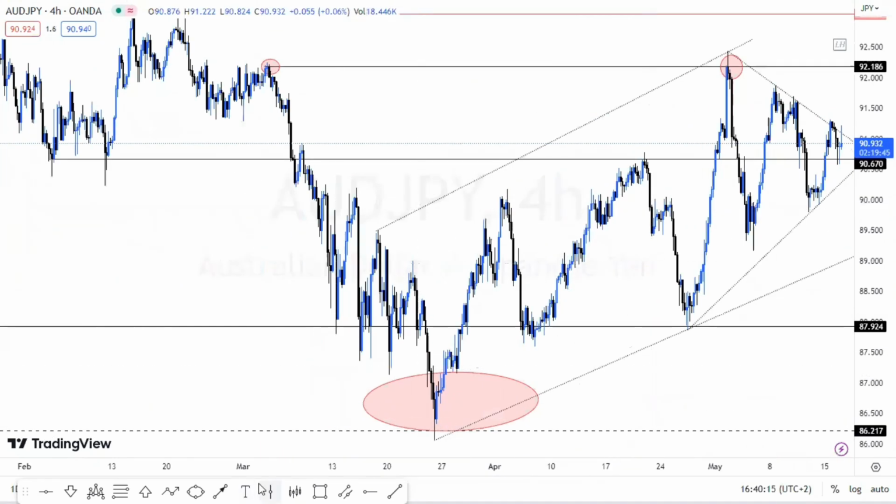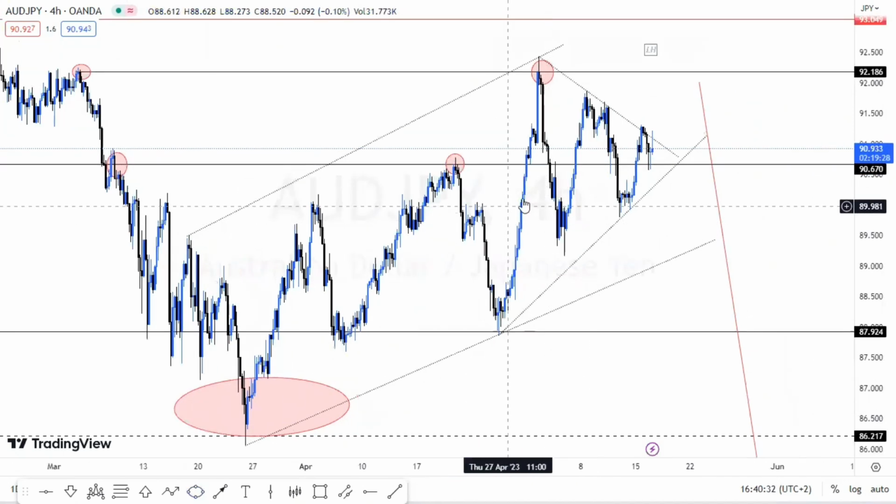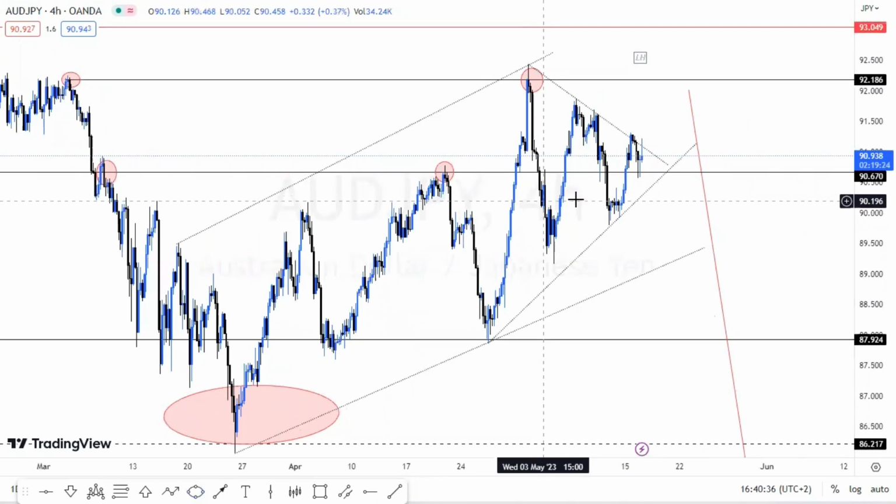So let me just outline all the interactions with this price level. Here, here, and then from that, price has been disrespecting the line.